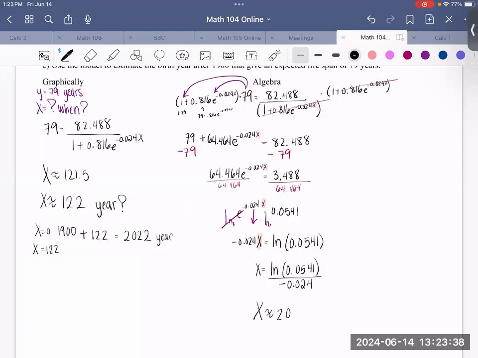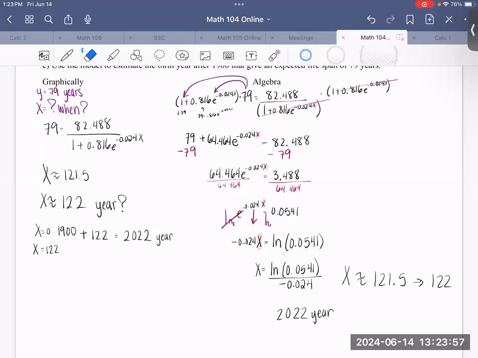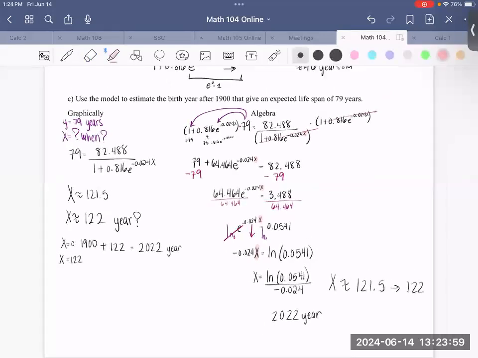And when we plug it into your calculator, we'll get the year 2022. Or that is the year. x here will come out to be 1.5, or about 122. And there you have it. That is your x value.